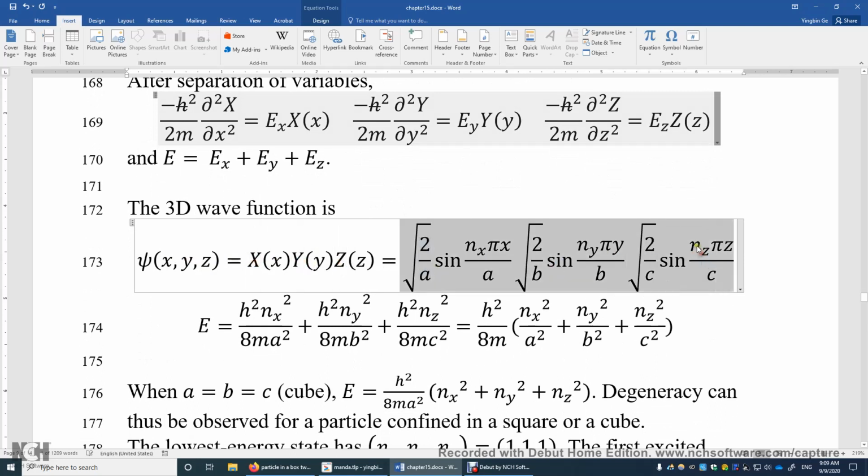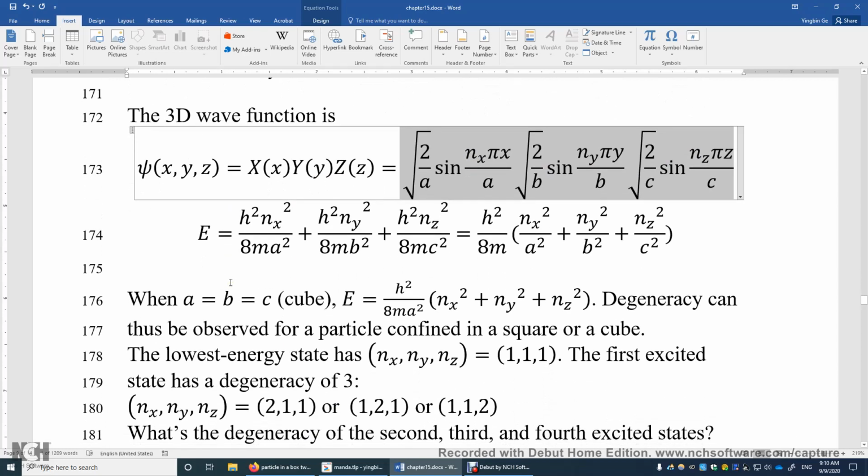So you have the product of three sine functions. Again, the dimensions of this box are a, b, and c. The quantum numbers are nx, ny, and nz in the three dimensions. What about the energy? The energy is just the sum of the kinetic energies in the three dimensions. They share a common factor, h squared over 8m.